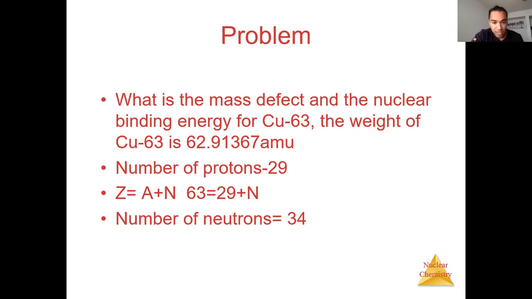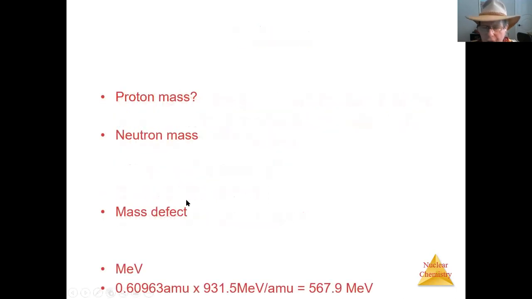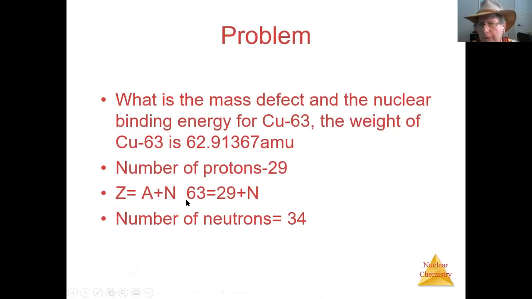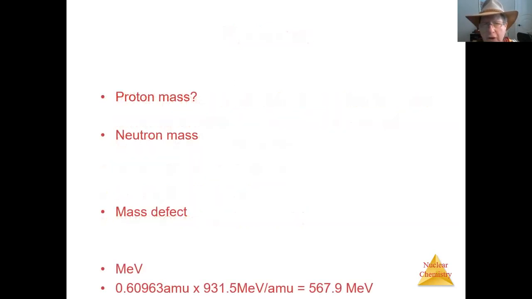So what I'm going to first do, Manuel, I've got 29 protons. I know that my mass number is 63, so I'm going to subtract protons from my mass number to get the number of neutrons. Then I'm going to take my protons, multiply it by the weight of each proton.